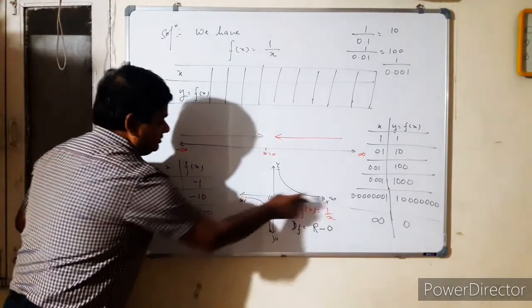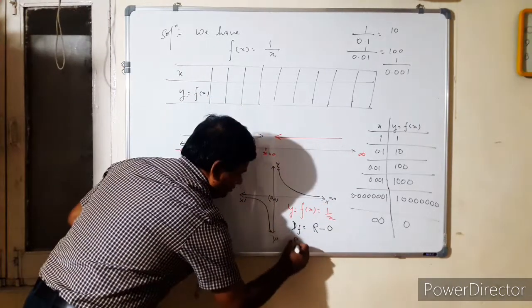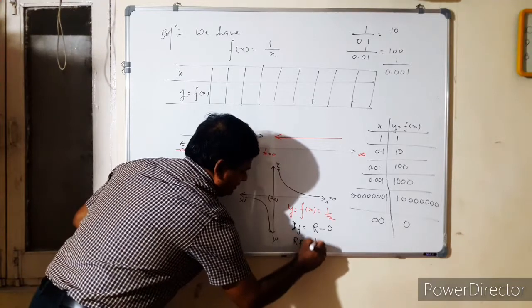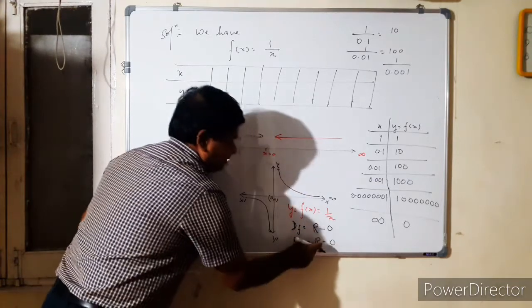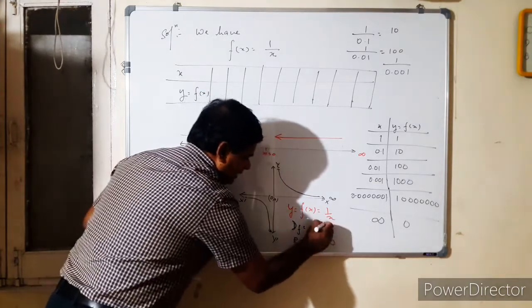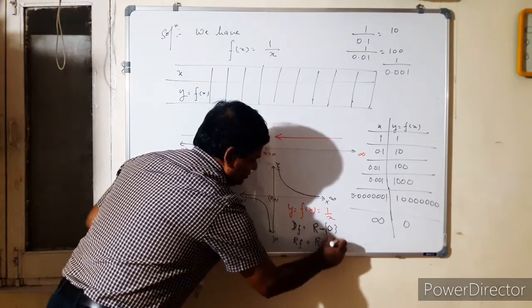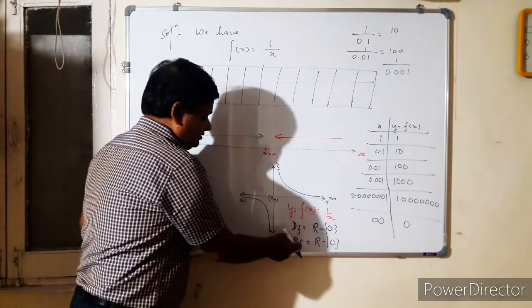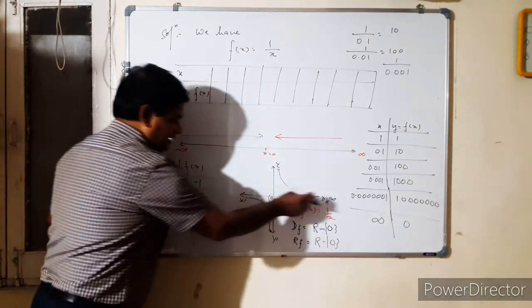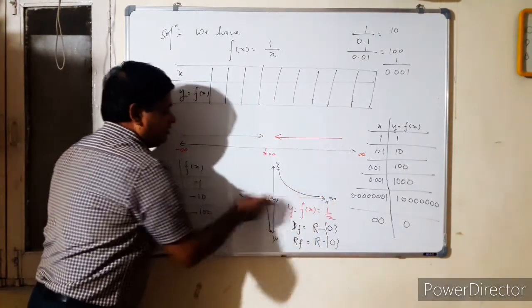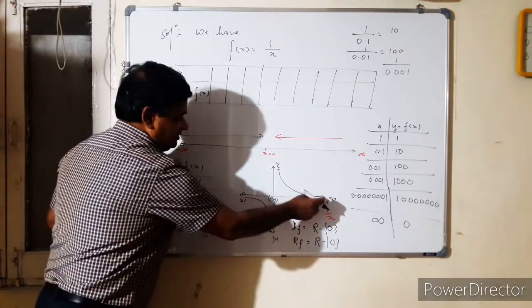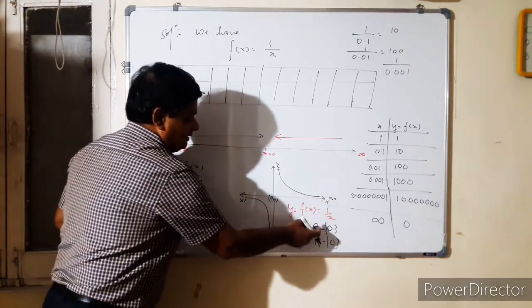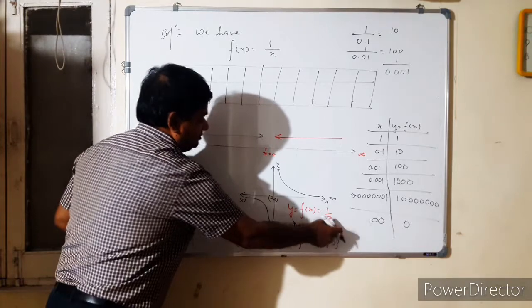The y value is also except 0. So the range is also the set of all real numbers except 0. This is the domain and this is the range, because this axis, the x axis, is not included.